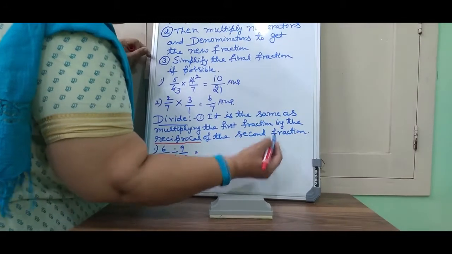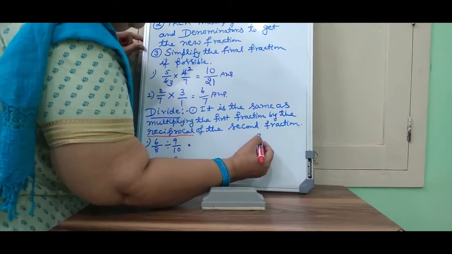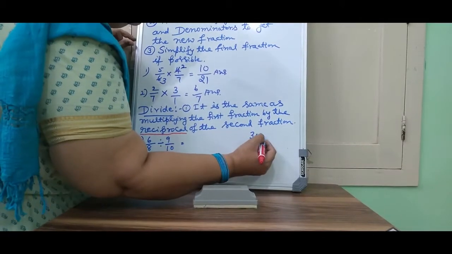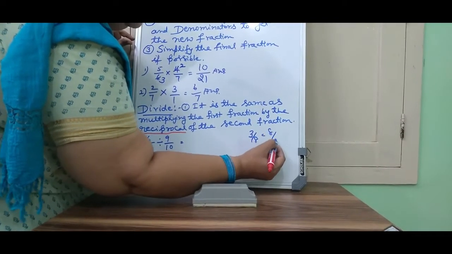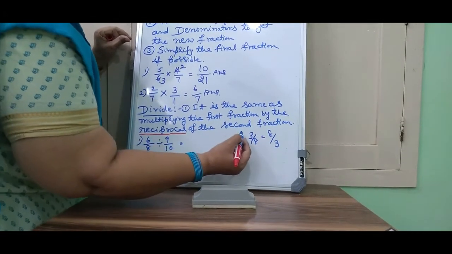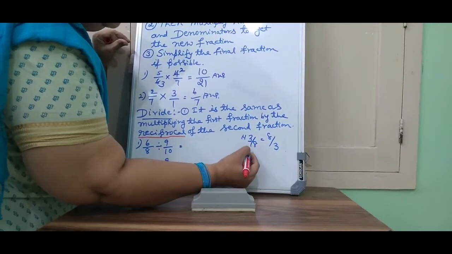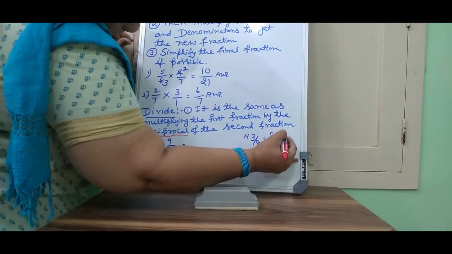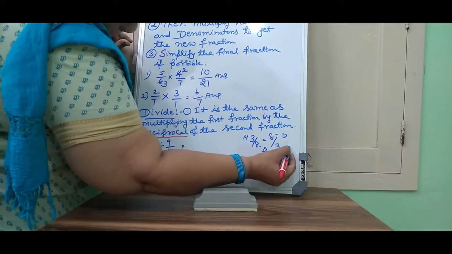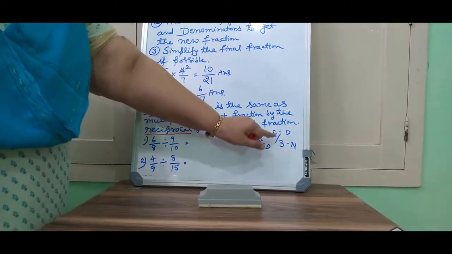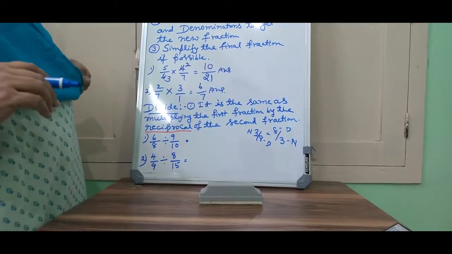If we consider the fraction 3 by 8, its reciprocal will be 8 by 3. We just reverse the numerator and the denominator. Here 3 is the numerator and 8 is the denominator, and I have written the denominator on top and the numerator below.